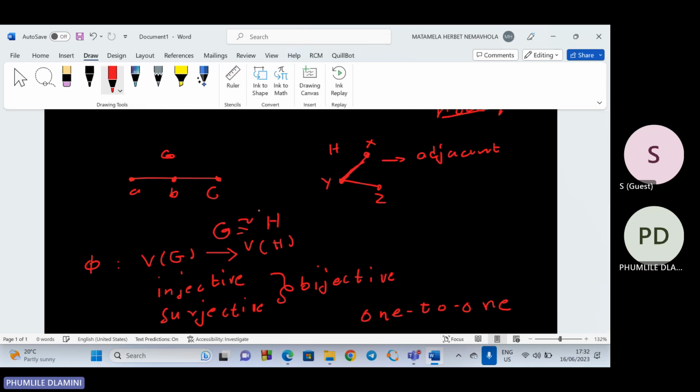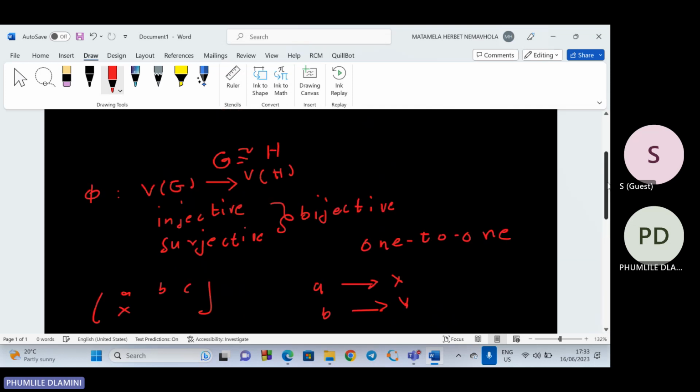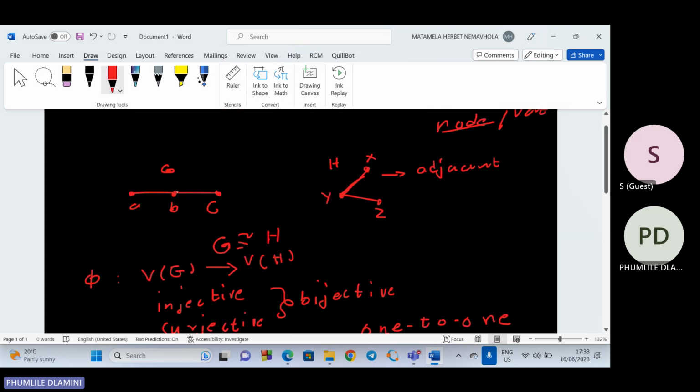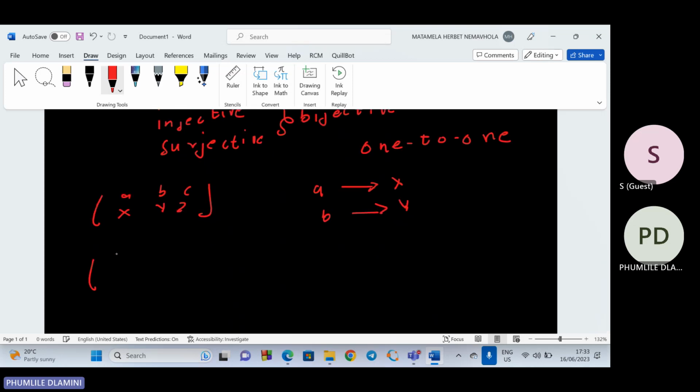I can pick A to correspond to Z or X. So I can choose A for X. Also, B is a vertex that is extended with two adjacent vertices, which are A and C. And Y here is the only one extended by X and Z. So B corresponds with Y, and C we can say is Z. So someone can also write it this way: A, B, and C map to Z, Y, and X.